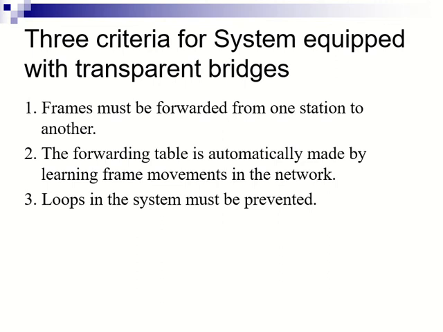And the third one is that loops in the system must be prevented. So the transparent bridge used in the network should forward the frame whenever it receives one. Similarly, the forwarding table it has should be automatically updated by a process called learning, and it has to be designed such that there is no looping problem in the system.